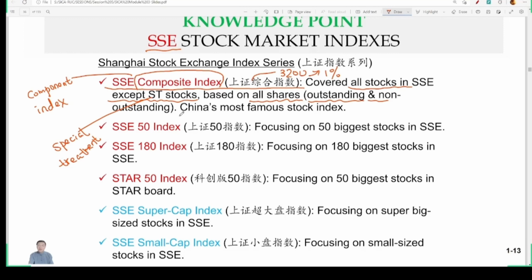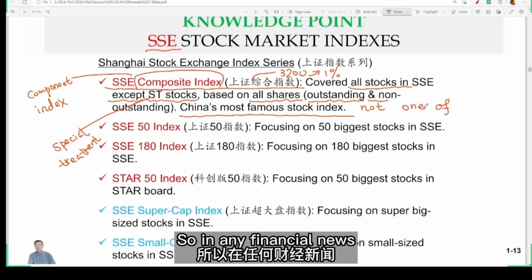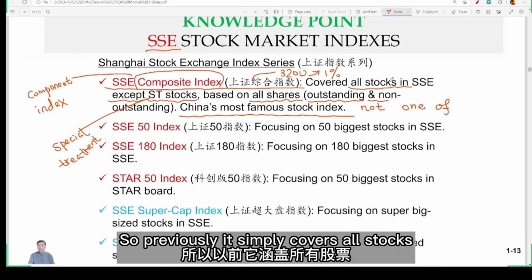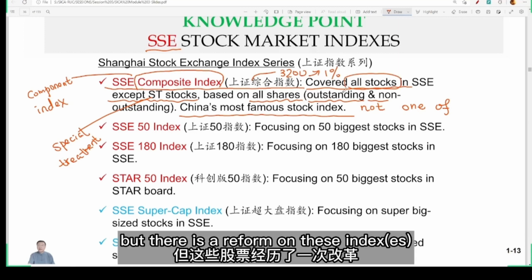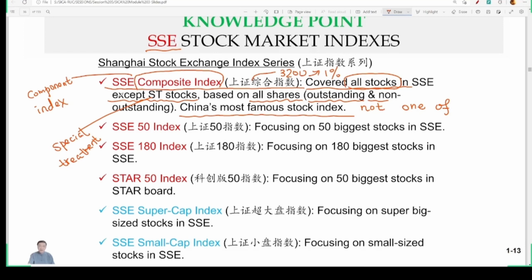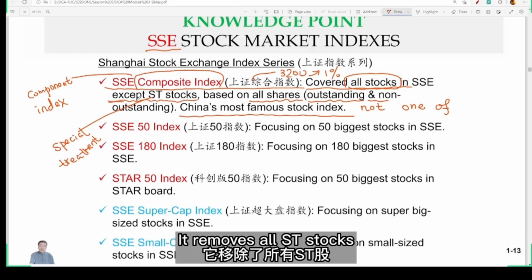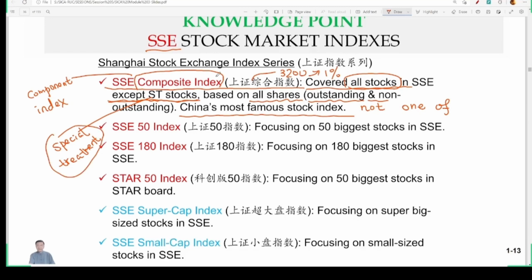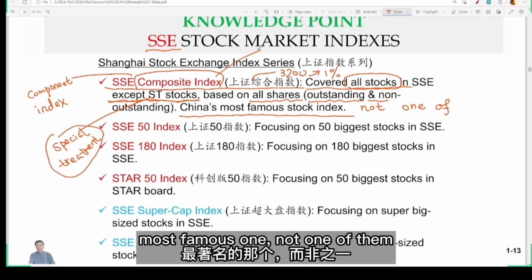So in any financial news, it is usually introduced first. Previously, it simply covered all stocks, but there was a reform on this index. Remember, starting from last year, it removes all ST stocks.